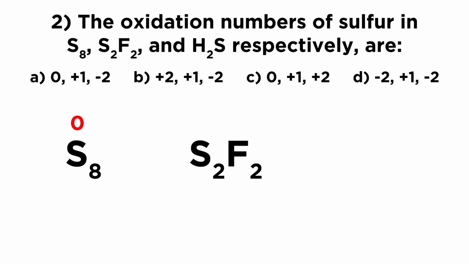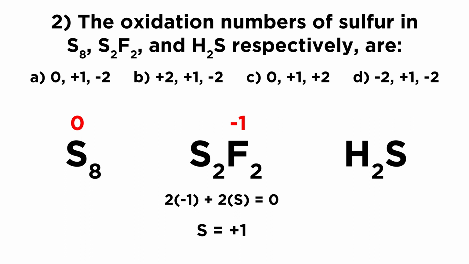Now looking at S2F2, we know that the halogens are typically going to be -1. And so that means if we have two -1s, and then we have two sulfur atoms, and that is going to add up to 0 because this is a neutral compound, that means that sulfur must be +1. Two +1s and two -1s are going to add up to 0, and so sulfur is +1 in this compound.